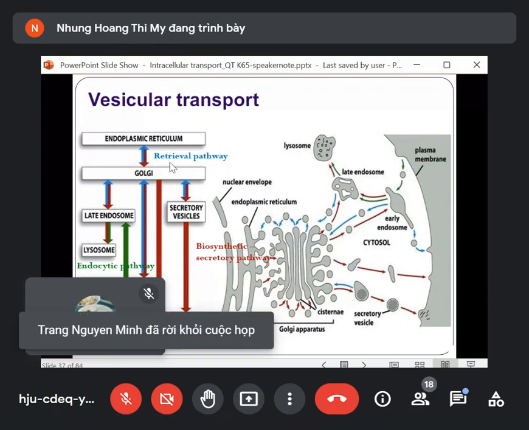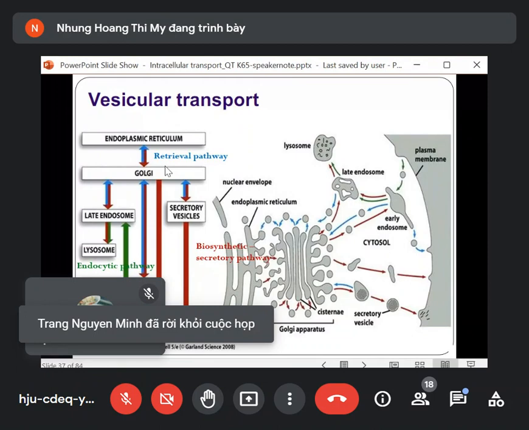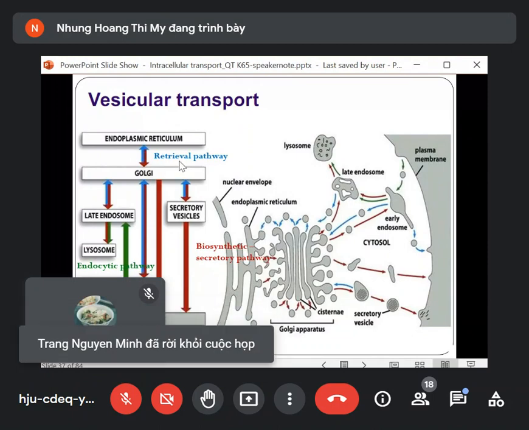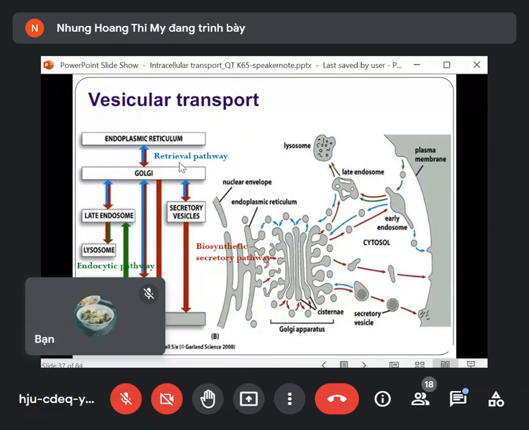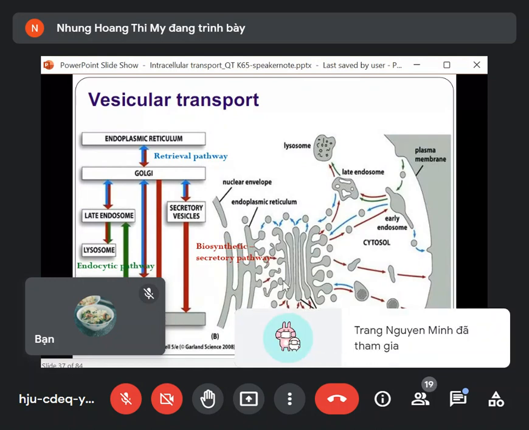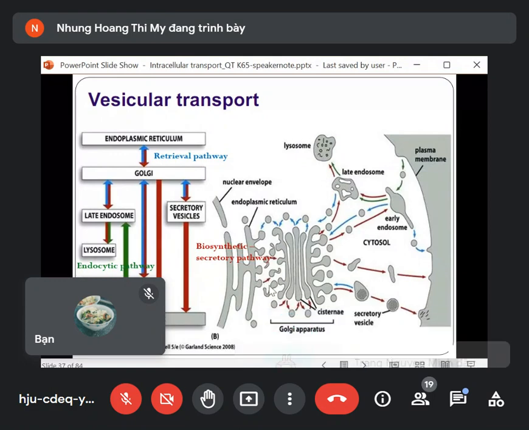For the third pathway, the retrieval pathway, that means the cell tries to reuse some material from one organelle to the other organelle. For example, whenever a vesicle is transported from the ER to the Golgi apparatus, some types of proteins on the ER membrane will be transported to the Golgi apparatus, and the cell also recycles this protein by transporting it back in another vesicle to the ER.